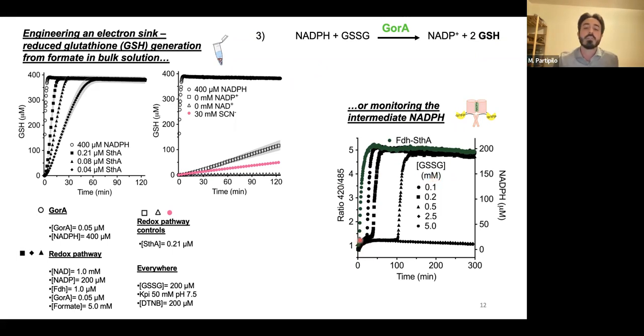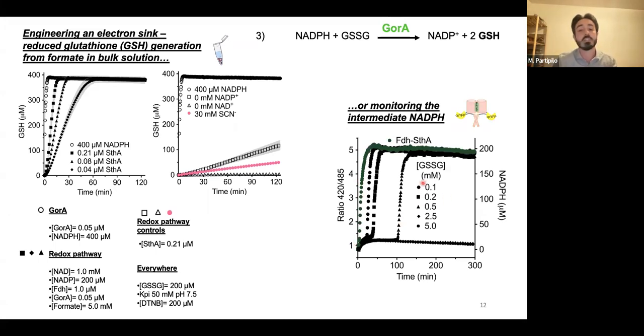You can see how in the absence of any drain, the reduction of NADPH was taking place extremely fast, I think here around 40 minutes, while you can see the effect of including a final acceptor.